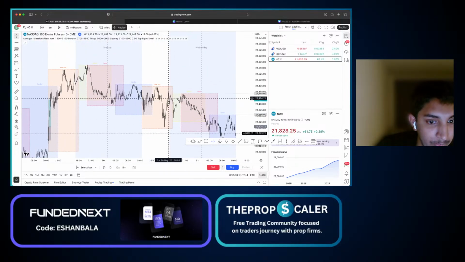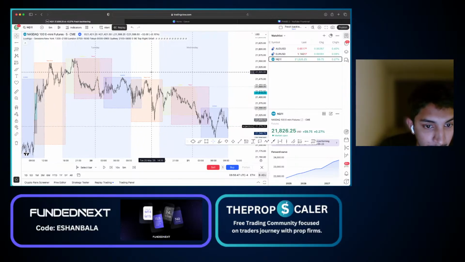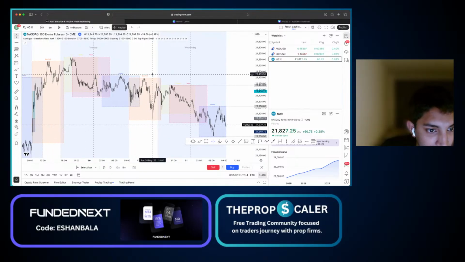Lows have been swept, but we can take the previous high, which would be over here.